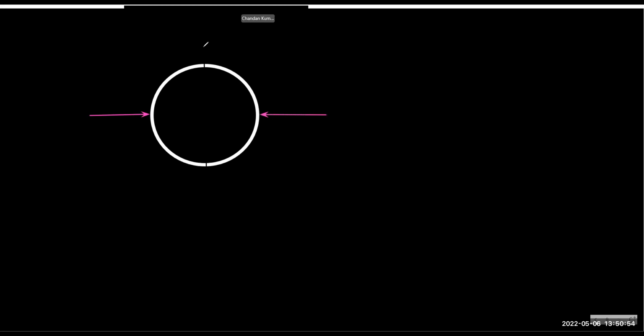And what they do next is they put charge over the shell. Let's say sigma is the surface charge density everywhere on both sides. So it looks like a shell, but we can understand it's not a shell. These are like two half pieces joined together.